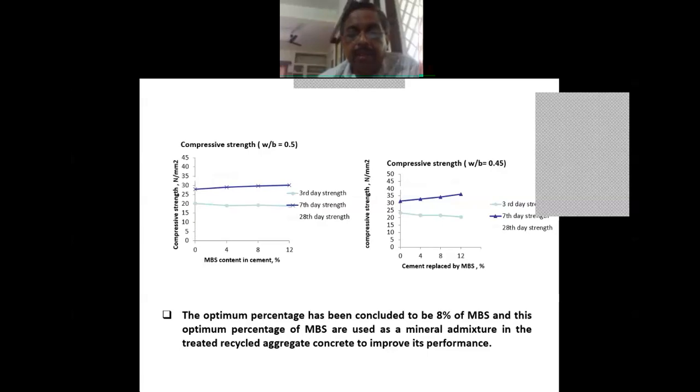That depends on your cement also. If we take a high grade cement, then the percentage and its effect on the consistency and other properties will be different. So you may have to try out again when you change the source of your OPC cement.